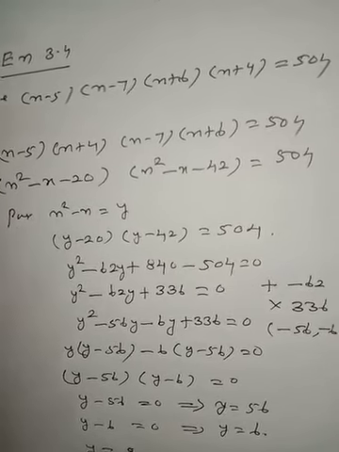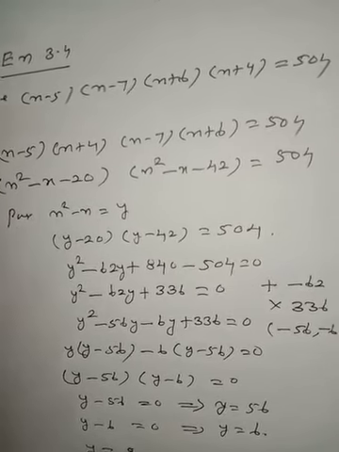Adding gives minus 1, product gives minus 56. The numbers are minus 8 and plus 7. Adding these two gives minus 1. The product gives minus 56.